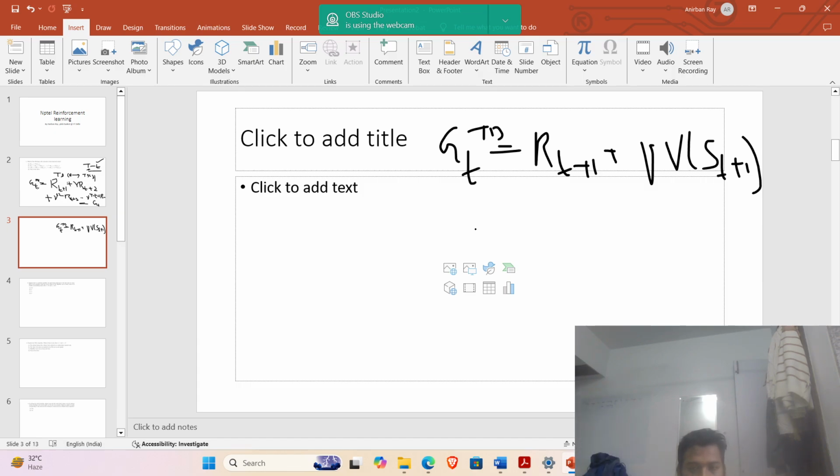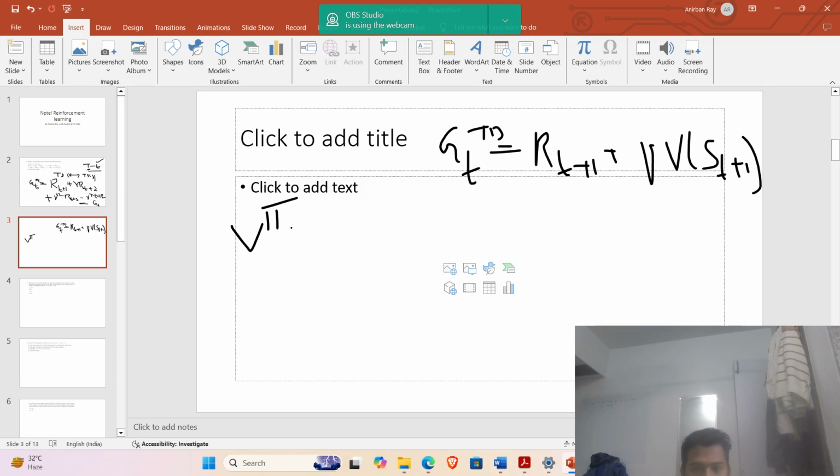So the value function is the expected return of, as you can see, we have defined it when we were deriving the Bellman equation.